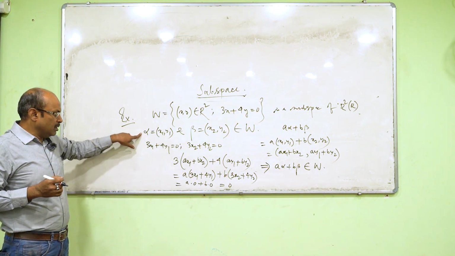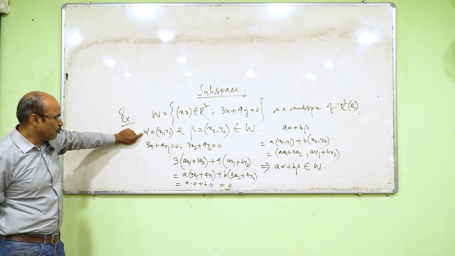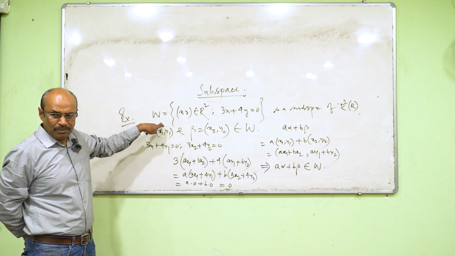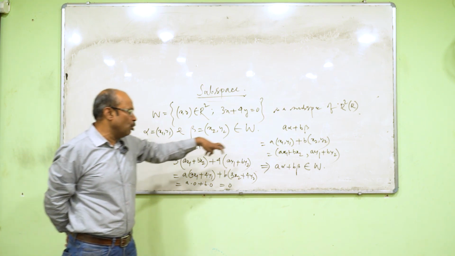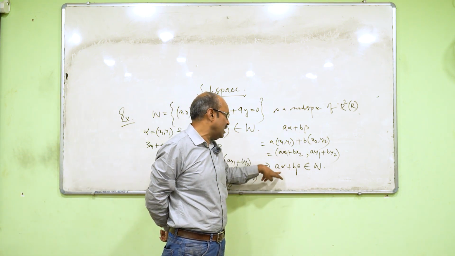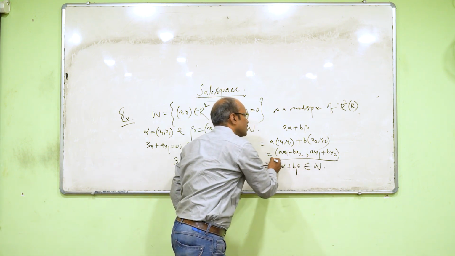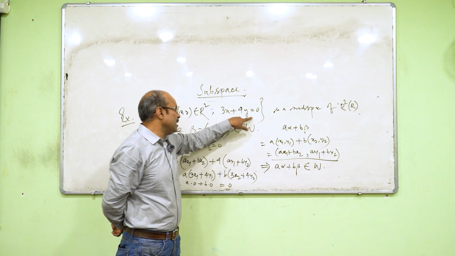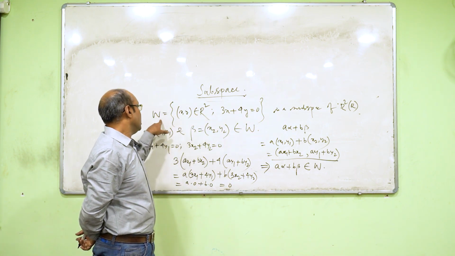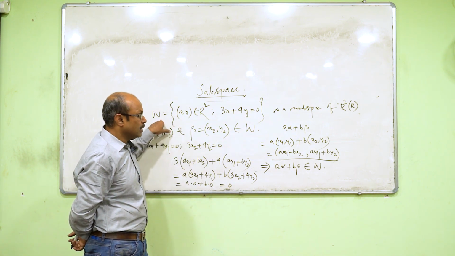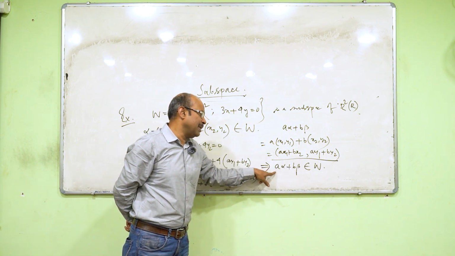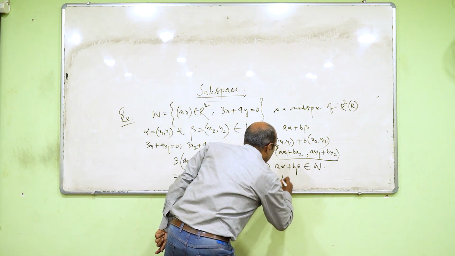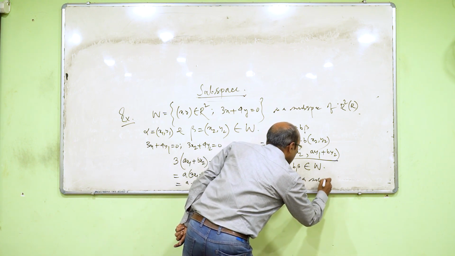So here, at first we take two vectors from capital W and get a linear combination of these two vectors. If this vector satisfies the relation in capital W, then you can say that this vector also belongs to capital W, which implies that capital W is a subspace.